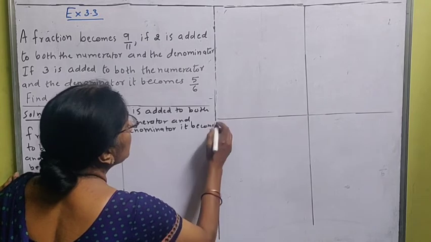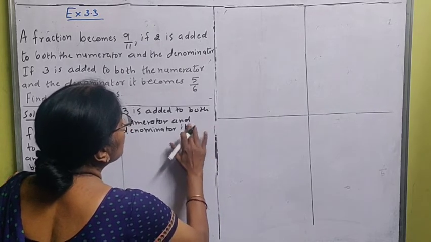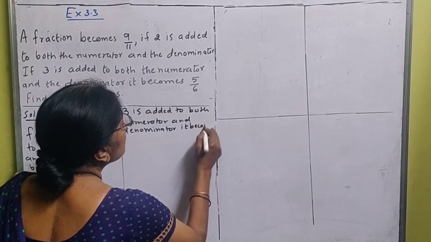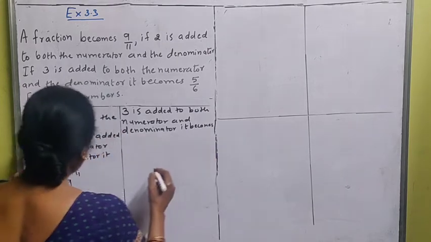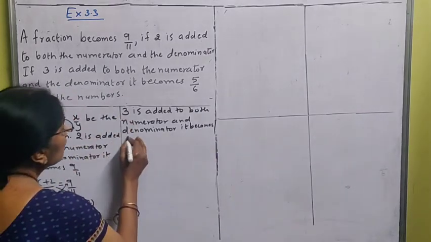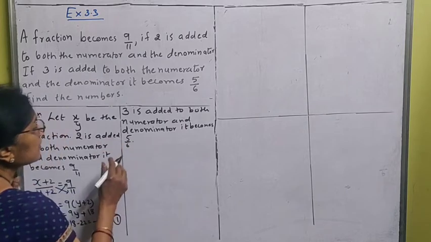It becomes, how much it becomes? It becomes 5 by 6.